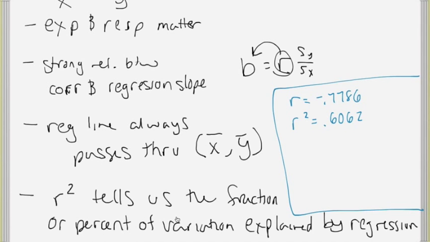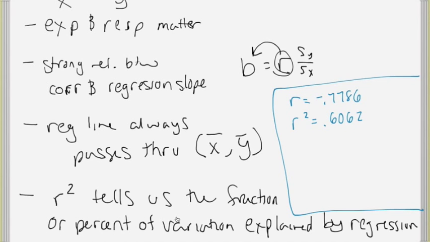Strong or weak? I think it's stronger. It's stronger. Remember, closer to 1 and negative 1? 1 and negative 1 is perfect. Everything's in a line. As we get closer to 0, it's just a totally random scatter. So this is closer to 1 or negative 1 than it is to 0. So it's definitely on the stronger end of things.